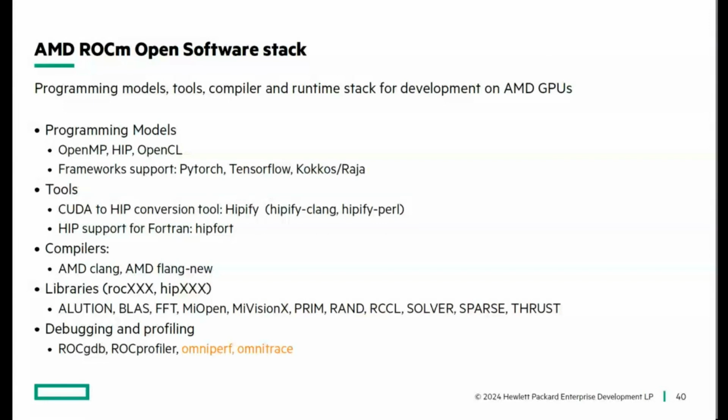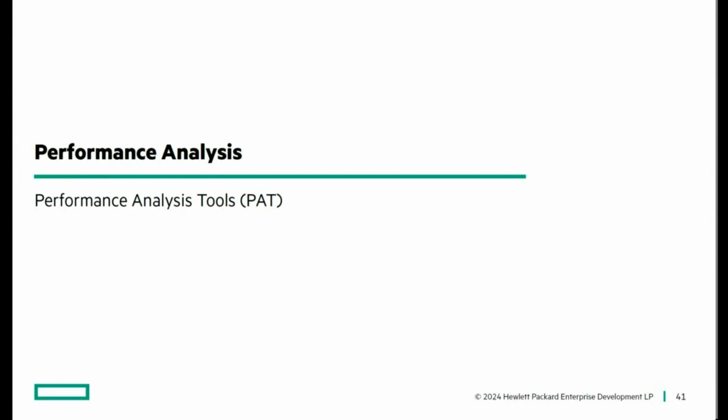RCCL is a low-level communication library. Solver and sparse are other solvers. So if you're doing sparse computation, or looking for some solver, you might want to look at those. And then AMD also have debuggers and profilers. Douglas is going to say a little bit about that, and very soon, actually. In fact, now.